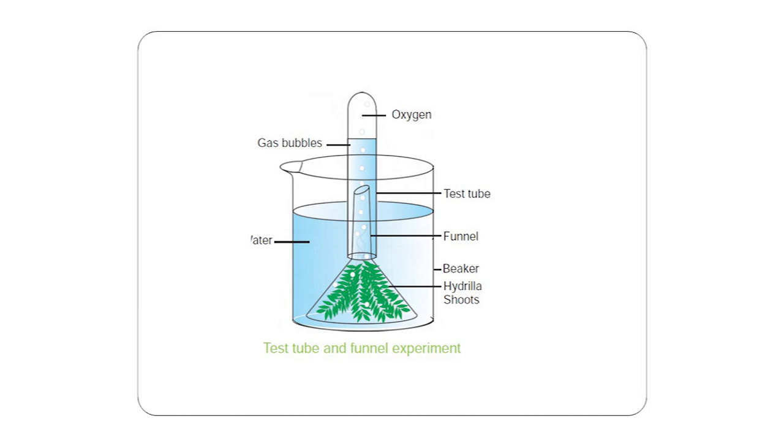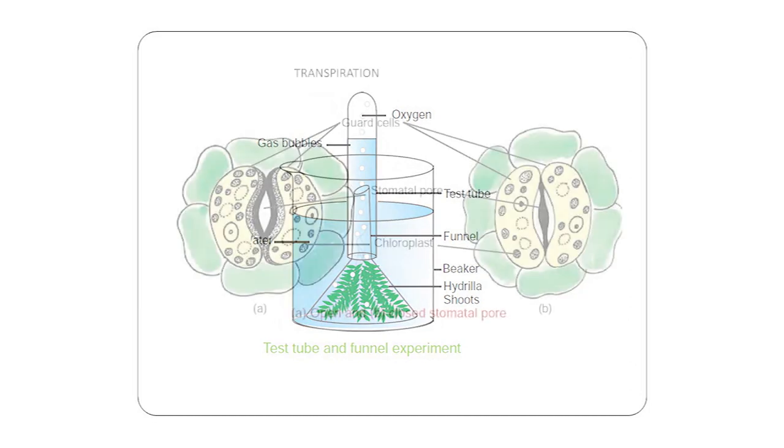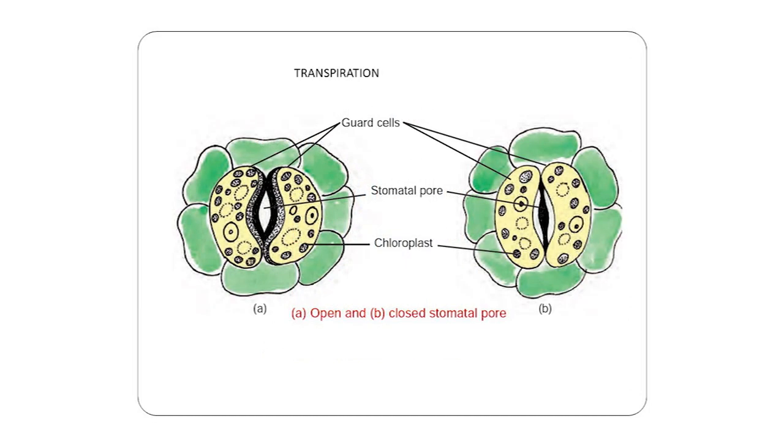Now you can see bubbles coming from the cut branches of hydrilla shoots, releasing gas into the test tube. Now carefully take out the test tube and test the gas for oxygen by introducing a glowing splinter. Then it will burn brightly, showing that the gas evolved is oxygen. So this is called the test tube and funnel experiment. These are the two experiments for photosynthesis.